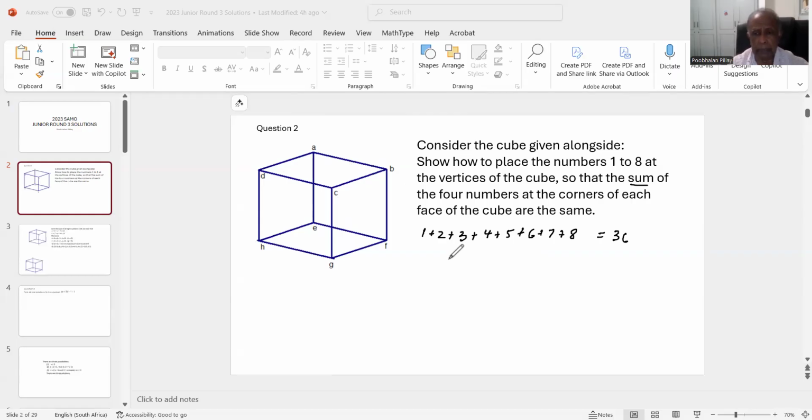So therefore, A plus B plus C plus D, if you look at the top face, is the same as the bottom face. That's given, the sum, so the same. But these two add up to 36. So each will have to be 18. So these 4 numbers, those 4 numbers add up to 18.